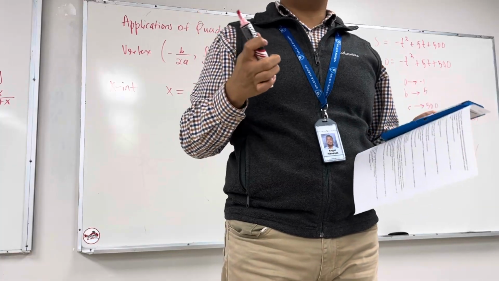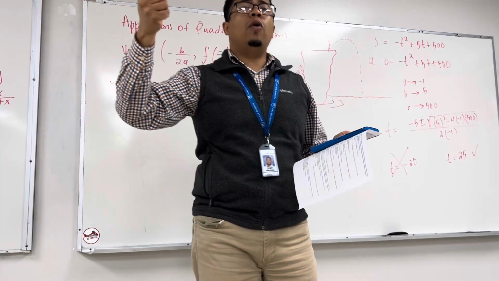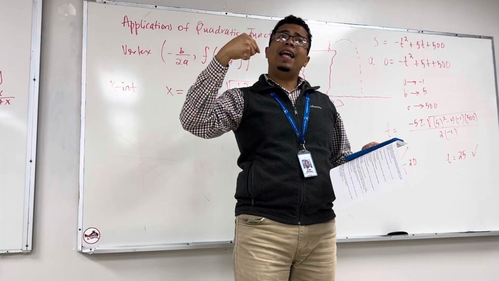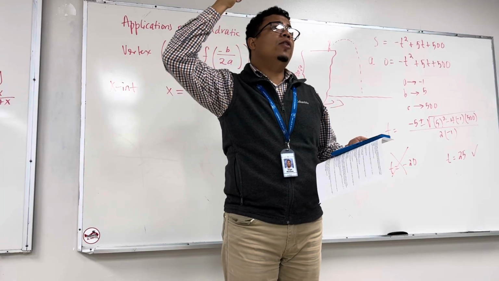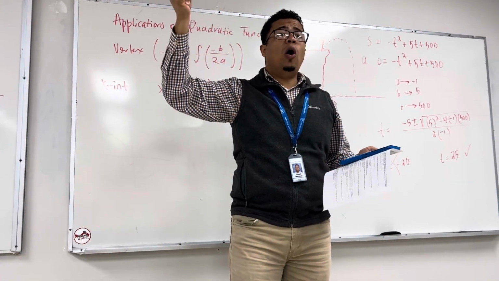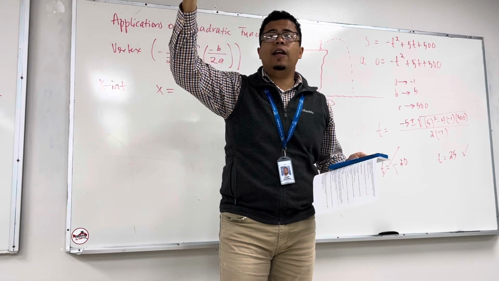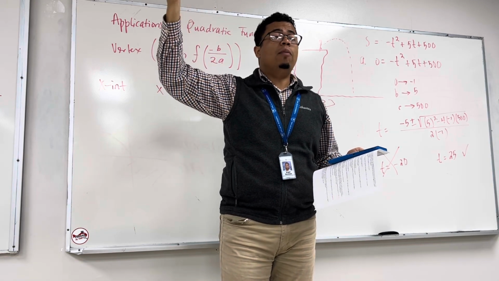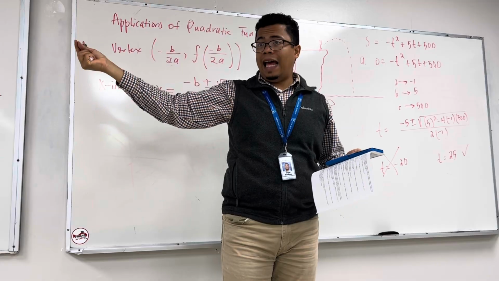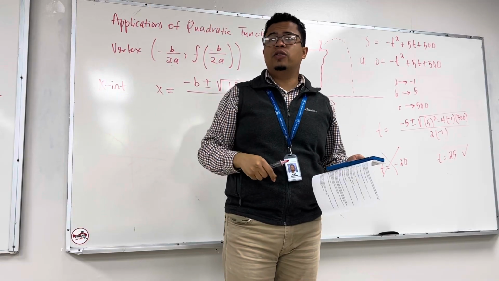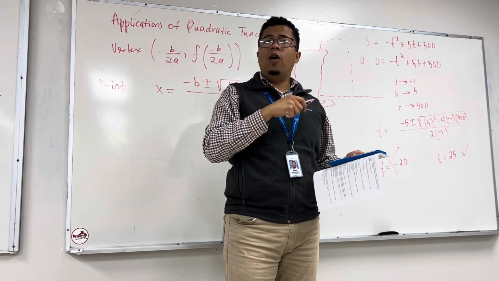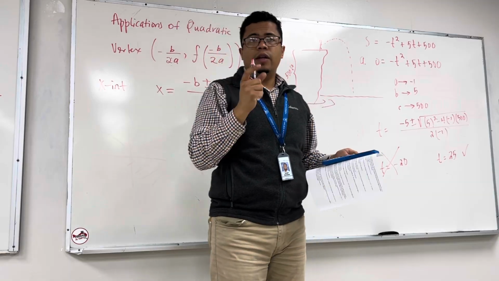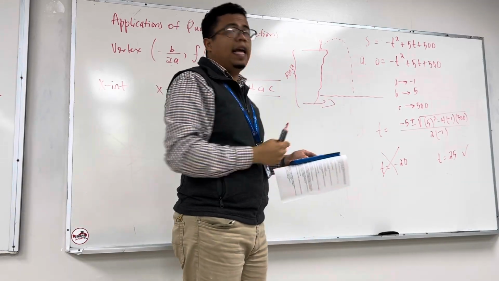Now, in some contexts, if I give you, for example, a question that says, at what time will the object be, or the ball be at this given height? You will get two values of t, and they will both be positive. They're both valid answers, and I will explain to you those problems too. So for now, let's just stay in context, and that's the answer for A.